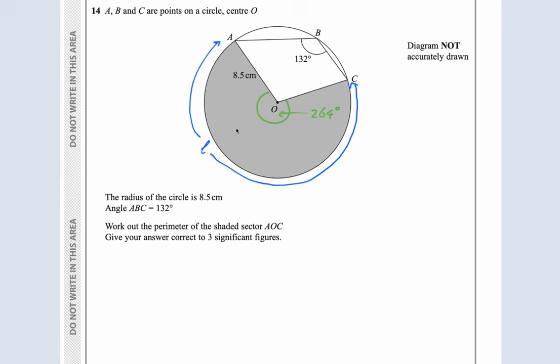So this is L. So to find L, I do 2 pi r, which is the circumference, 2 times pi times 8.5, that's the circumference of the circle, and I multiply it by 264 over 360. I do that because that's the fraction of the circle that I want.